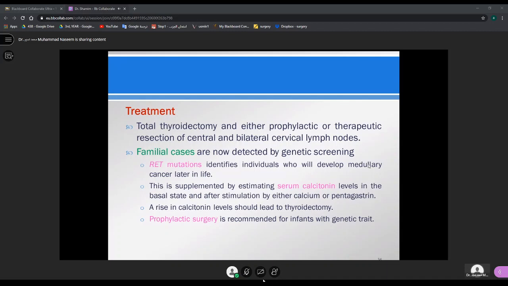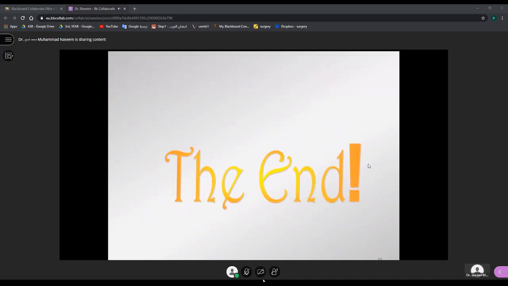And if calcitonin level rises, the patient should undergo thyroidectomy. Prophylactic surgery is recommended for infants with the genetic RET mutation. This ends our discussion today.